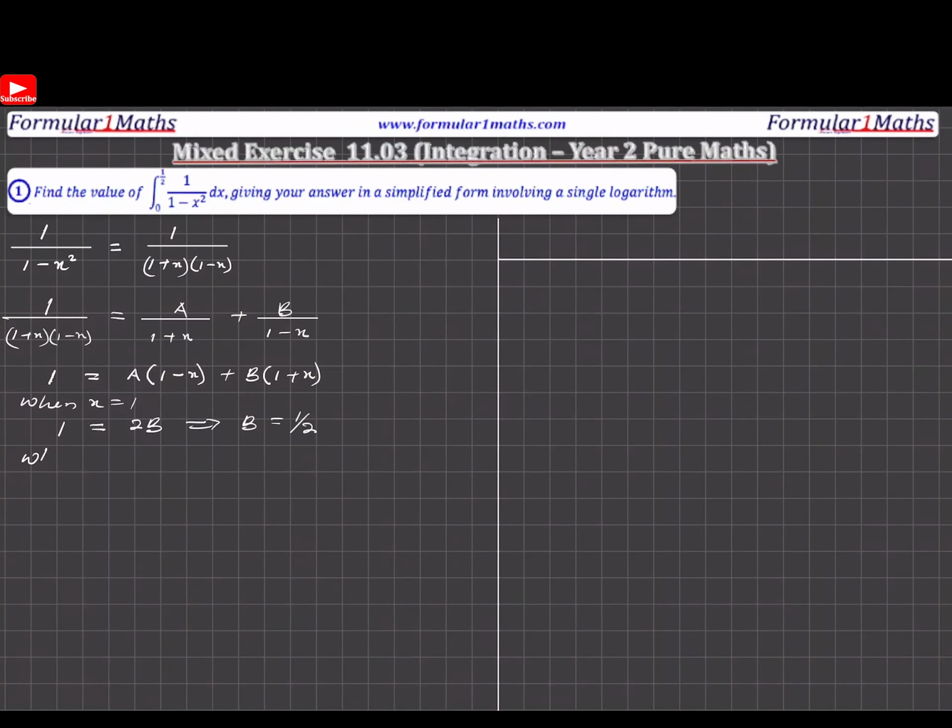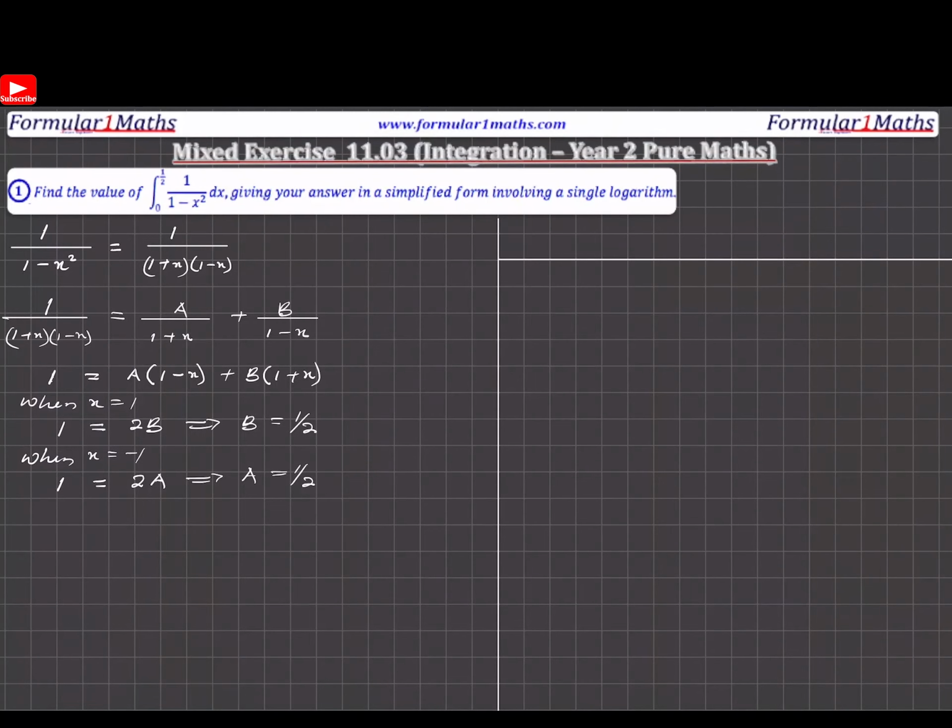In the same way, when x is equal to minus 1, then I still have 1 on the left-hand side equal to 2a, because if this is minus 1, all that becomes 2, and that becomes 0, which implies that a is equal to a half.